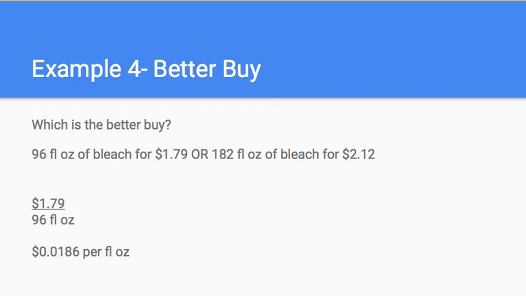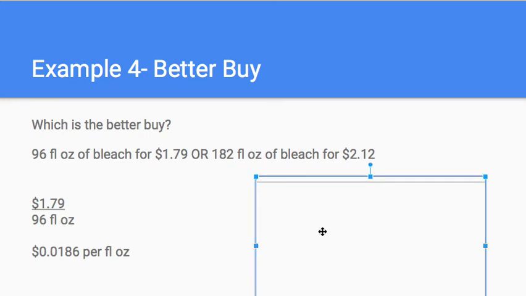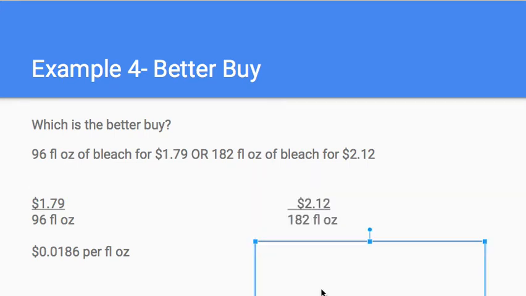Now I'm going to look at the second one. So it's 182 fluid ounces of bleach for $2.12. I want to look at the cost per ounce. So I take 212 divided by 182, and that gives me $0.0116. Which one is cheaper? In this case, it's the 0.0116 per fluid ounce.